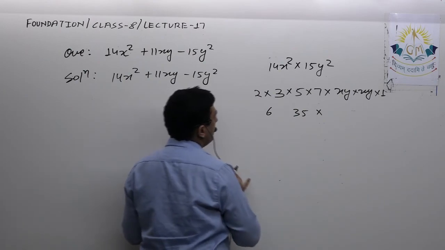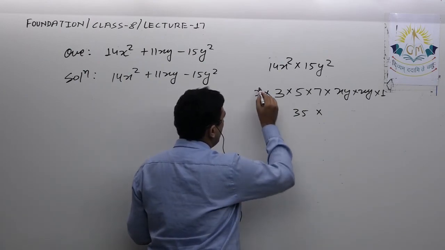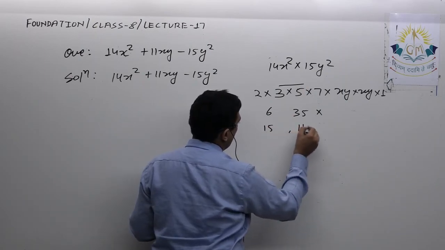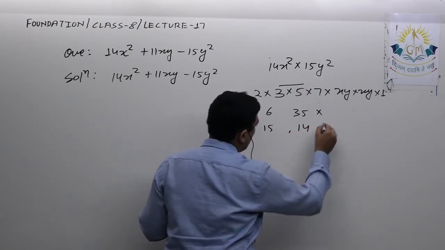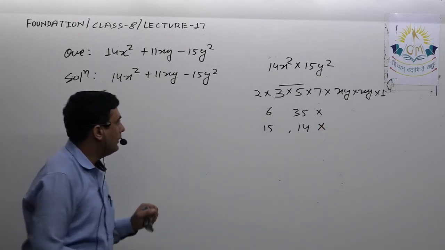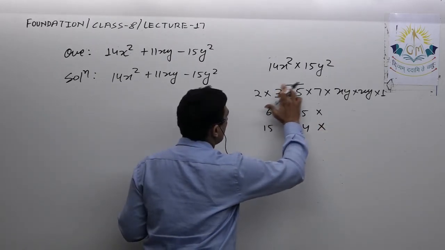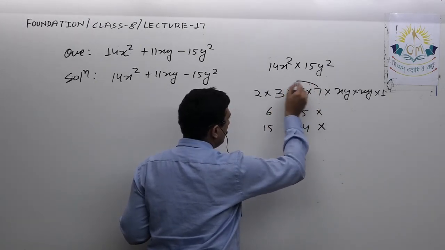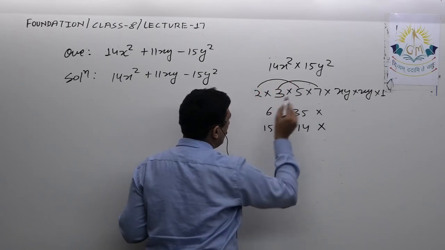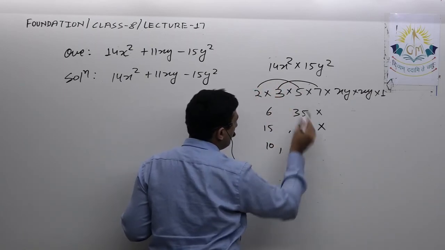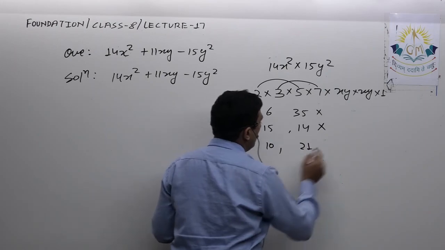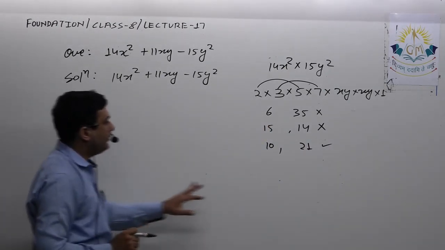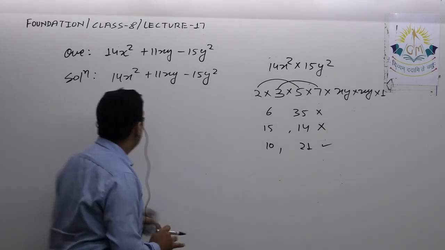Okay, now if I say this 15 and 14, so again neither their sum nor their difference is going to give you 11. Okay, now next, if I take these two and these two, that means 5 into 2, 10 and 7 into 3, 21. Yes, this is going to give me the correct combination, 10 and 21. 21 minus 10 is 11.